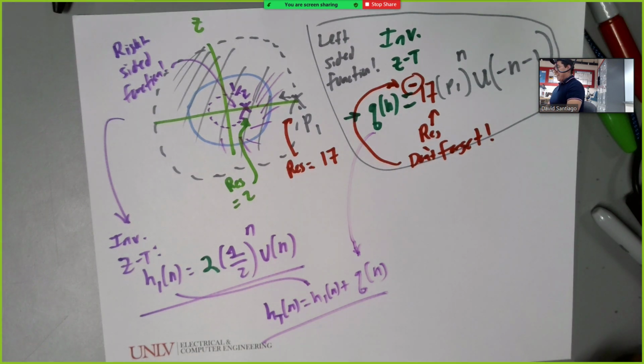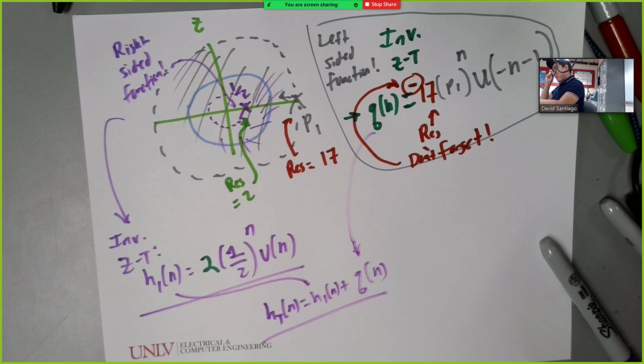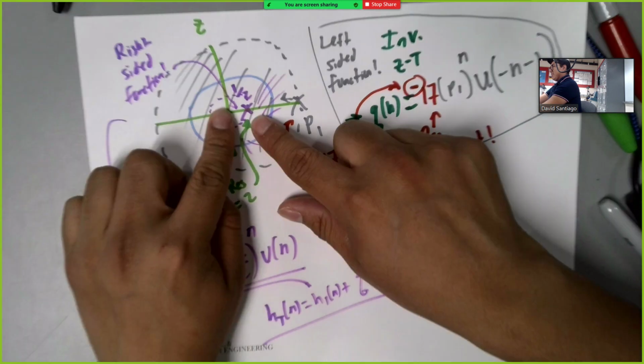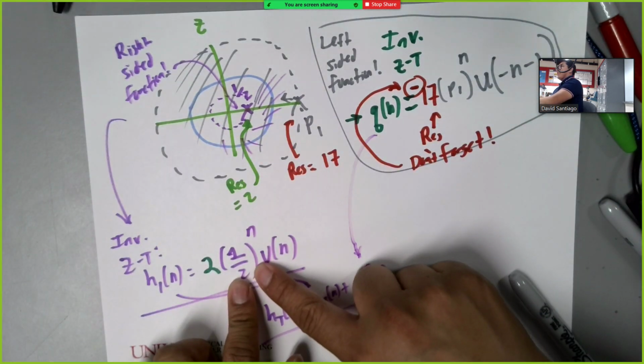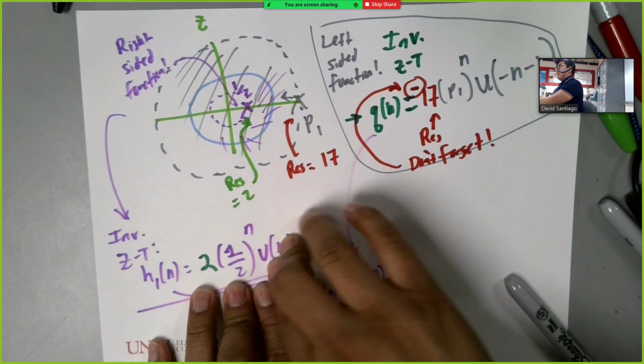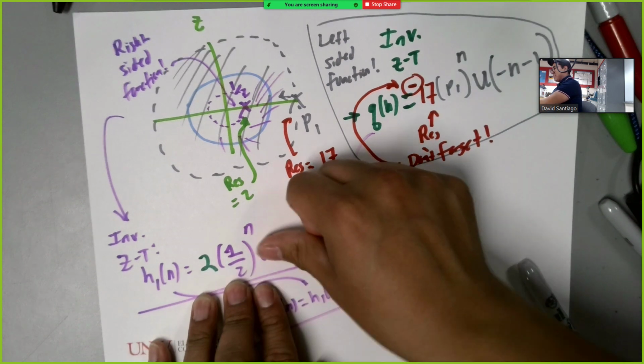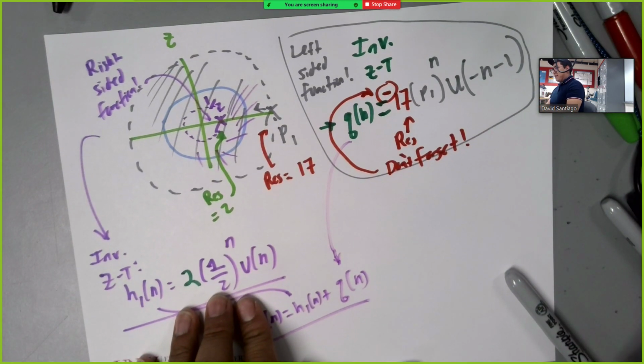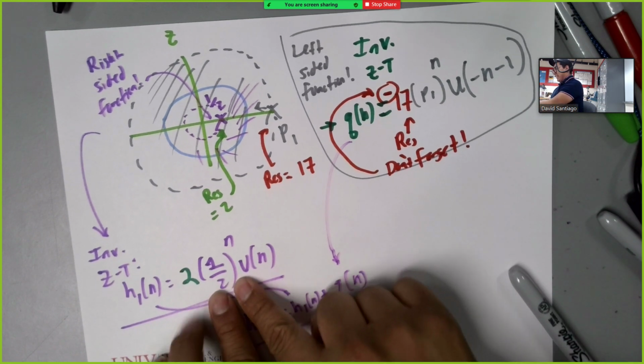Now that we're on that topic, you know how these poles are here, and we have these functions of time. Does anyone remember what the Z transform is of something that looks like this?